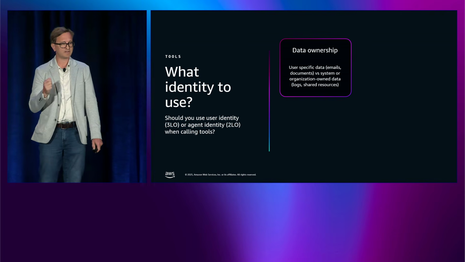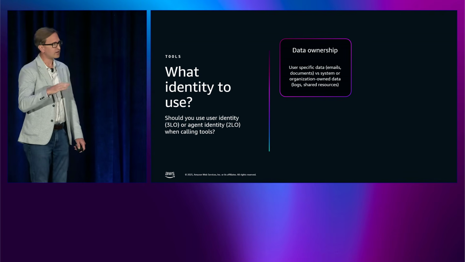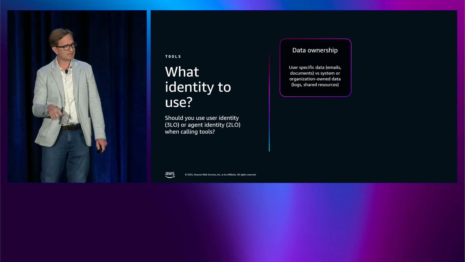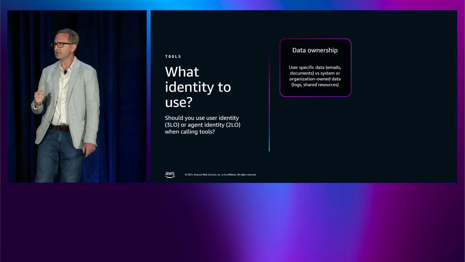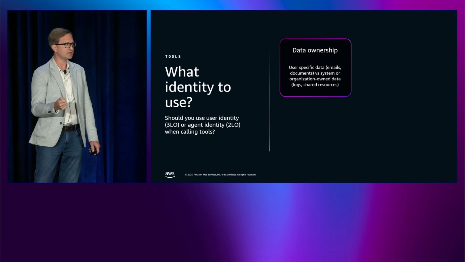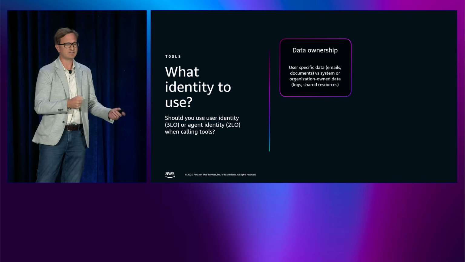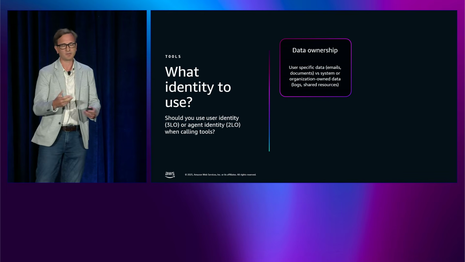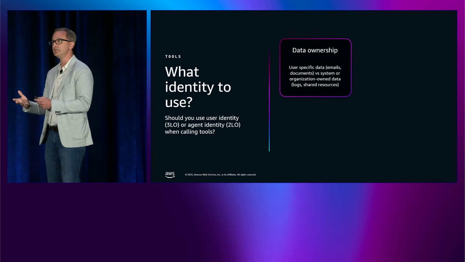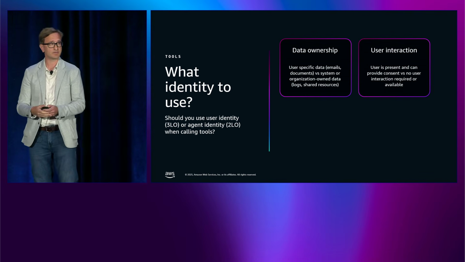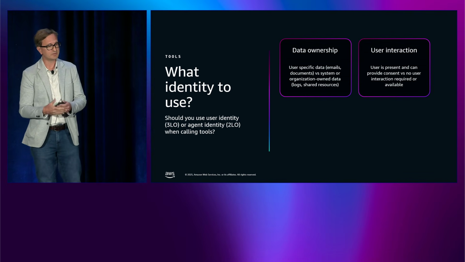First of all, you think about data ownership. If you are dealing with user-specific data, such as emails or documents, then you want to think about three-legged OAuth and a user-delegated approach, versus something that's system or organization-owned data that might be shared resources, et cetera. Then you might be able to use that service approach of two-legged OAuth. Next, user interaction.